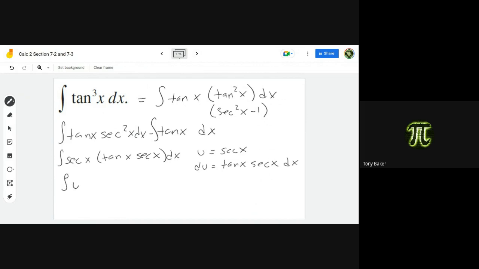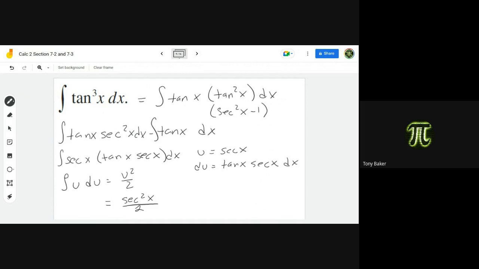So this now becomes u du, which is u squared over 2, which is secant squared x over 2.